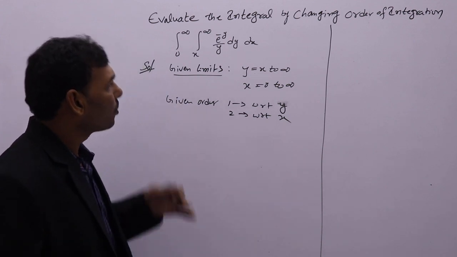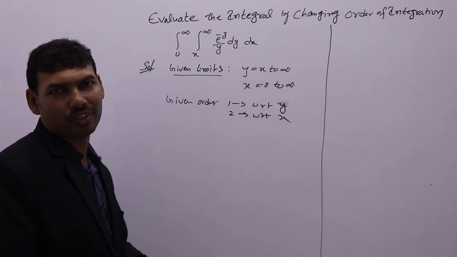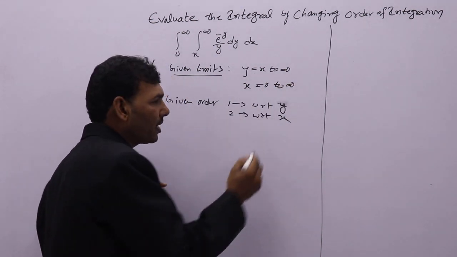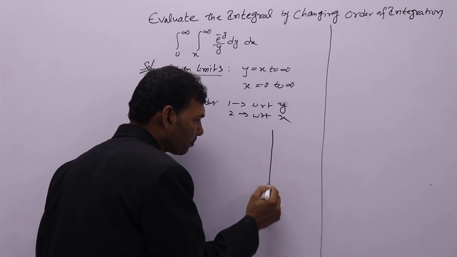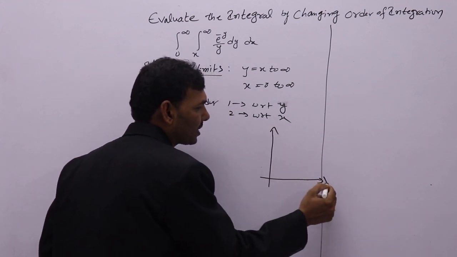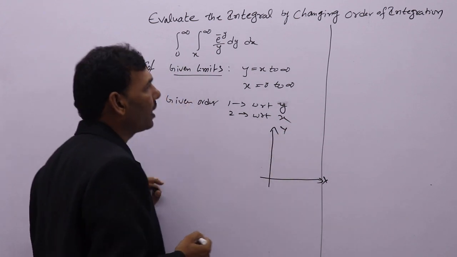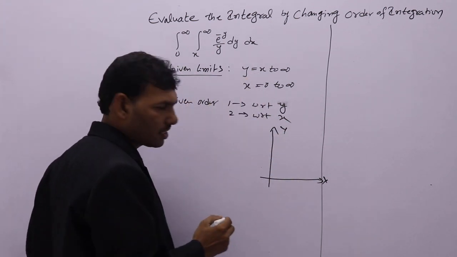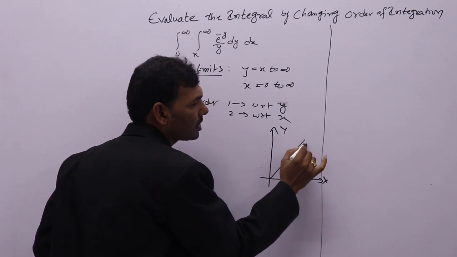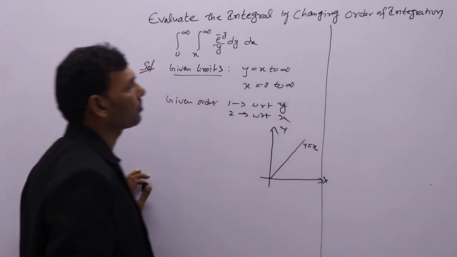Here, to draw the figure, definitely you need to draw x and y axis because this is positive region, 0 to infinity. So I am taking this one. X and y axis. Here, y equal to x means a 45 degrees line. This is y equal to x.